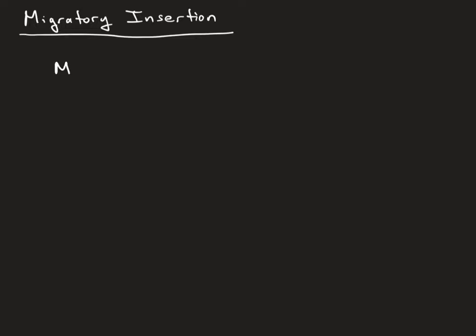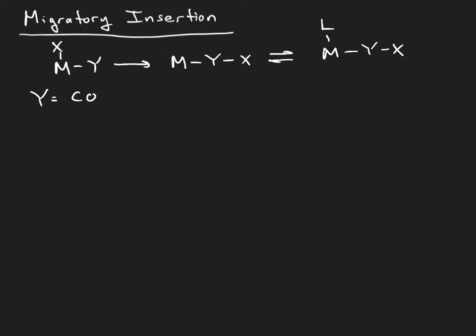With a migratory insertion reaction, you're inserting one ligand attached to the metal center into another ligand in this type of manner. And oftentimes, an exogenous ligand will coordinate to that vacant site. The types of acceptor ligands on the migratory insertions are typically COs, carbon-carbon double bonds, carbon-carbon triple bonds, benzene ligands, Cp ligands, and similar ligands.